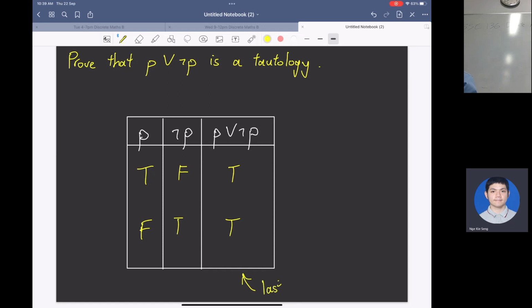So the last column is always true. So by definition, P or not P is a tautology.